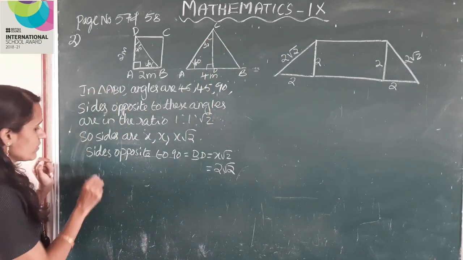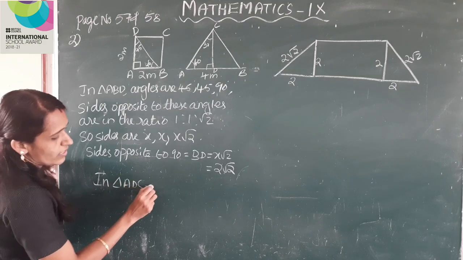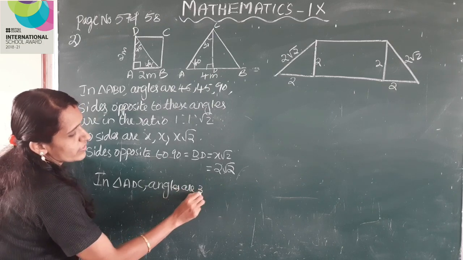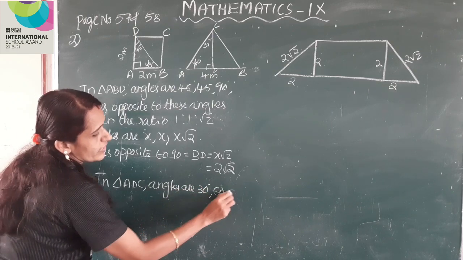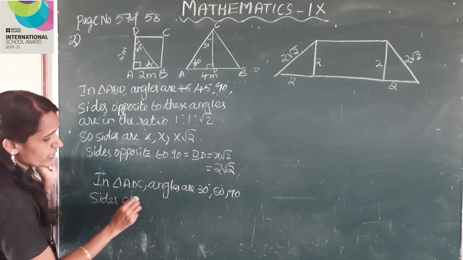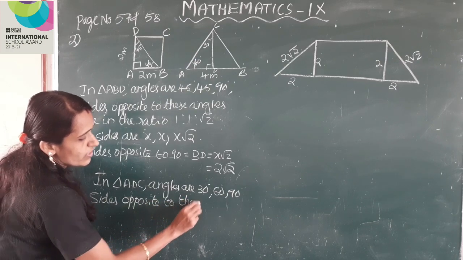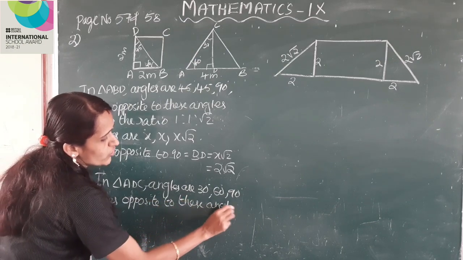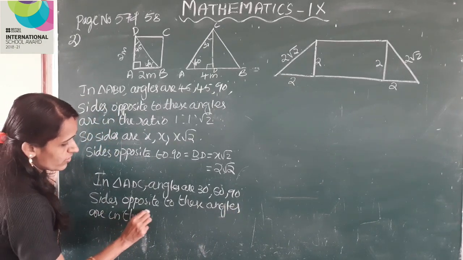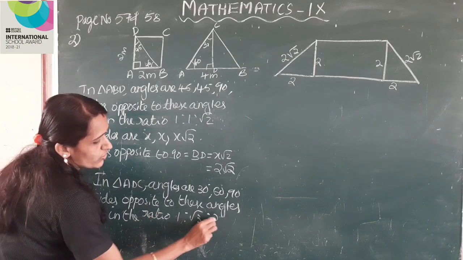Okay, so in triangle ADC, angles are 30 degree, 60 degree, 90 degree. Sides opposite to these angles are in the ratio 1:√3:2.